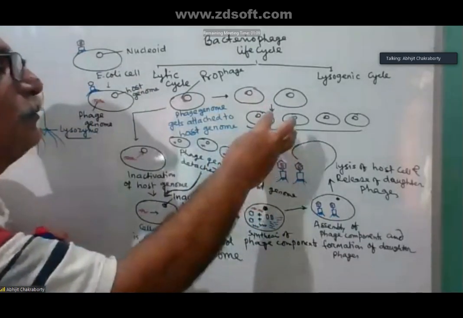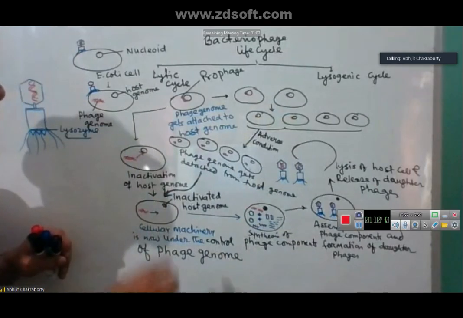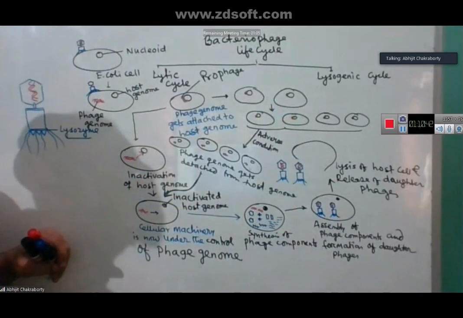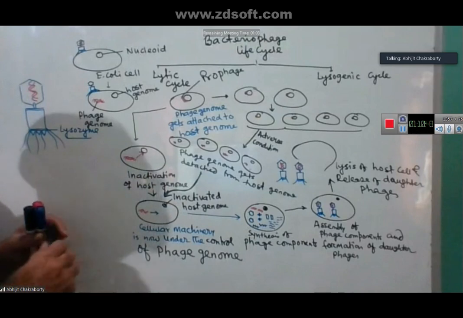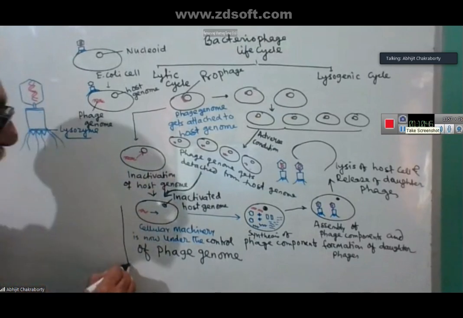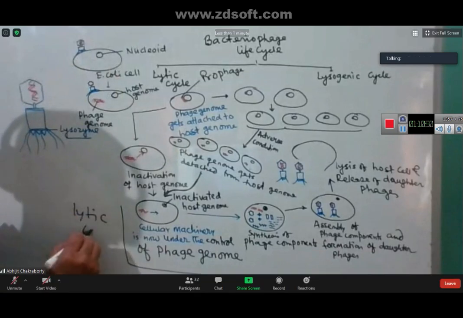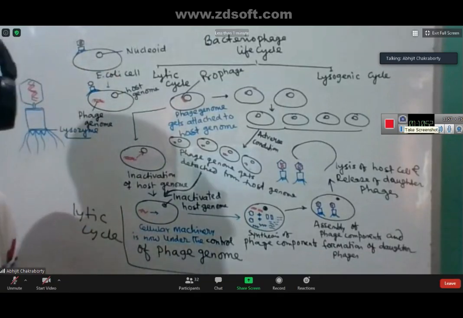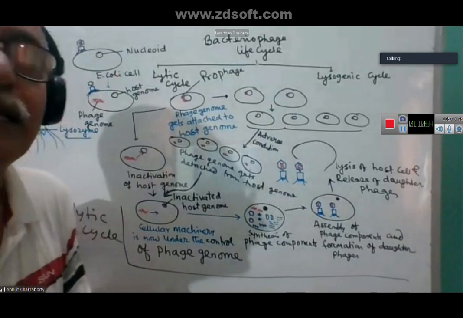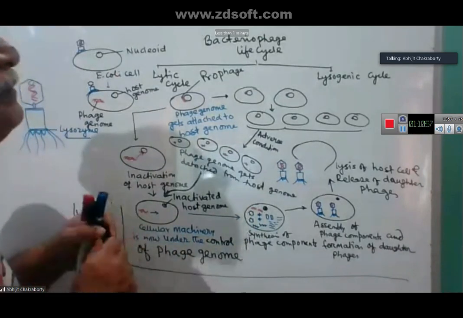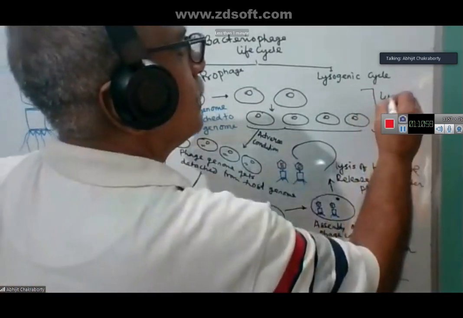Once it is exposed to some adverse condition, the phage genome gets detached from the host genome and enters the lytic cycle. So this part is the lytic cycle. Here, take a photograph please. This part is the lytic cycle and this part is lysogenic.